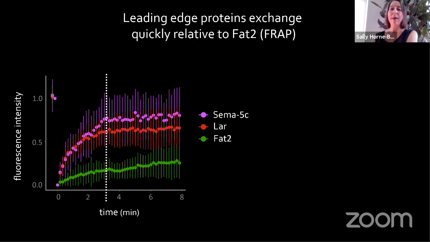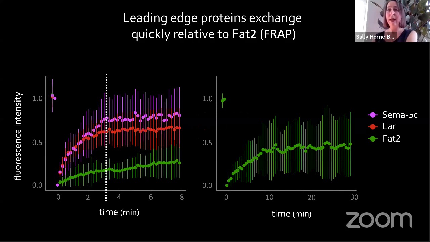So if we take this experiment out longer and we only look at FAT2, we can see that FAT2 eventually comes to a stable level of recovery about 12 minutes after photobleaching. But even once it's stabilized, it's not recovering nearly to the same extent as LAR and SEMA5C. So this really suggests that FAT2 is much more stable. LAR and SEMA5C are coming in and out of the complex much more rapidly.